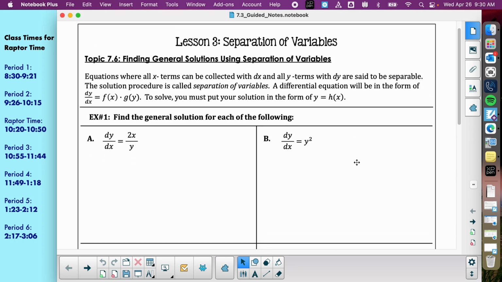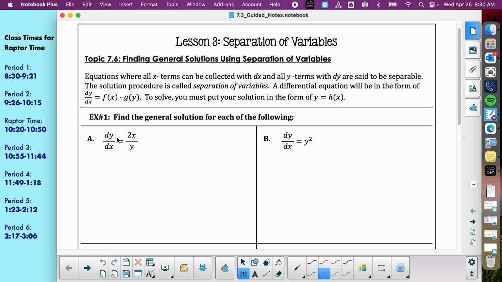So if I look at A, we have a differential equation, and our goal is to find a general solution, which we already know means to integrate. Well, integration doesn't work unless it's set up nicely and correctly ahead of time.